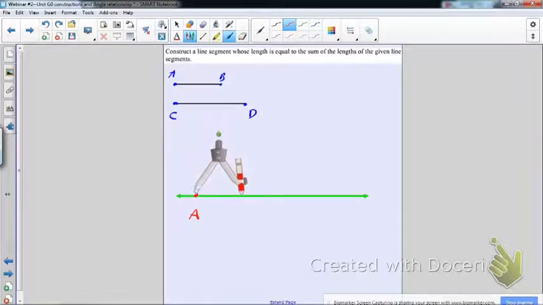The new arc that's going to intersect, we'll call this line little l. The new arc that we are going to create, and little l, is going to give you the intersection, which will create B. Now, you're going to take your compass, put it at C, and extend it until you find the length for CD.